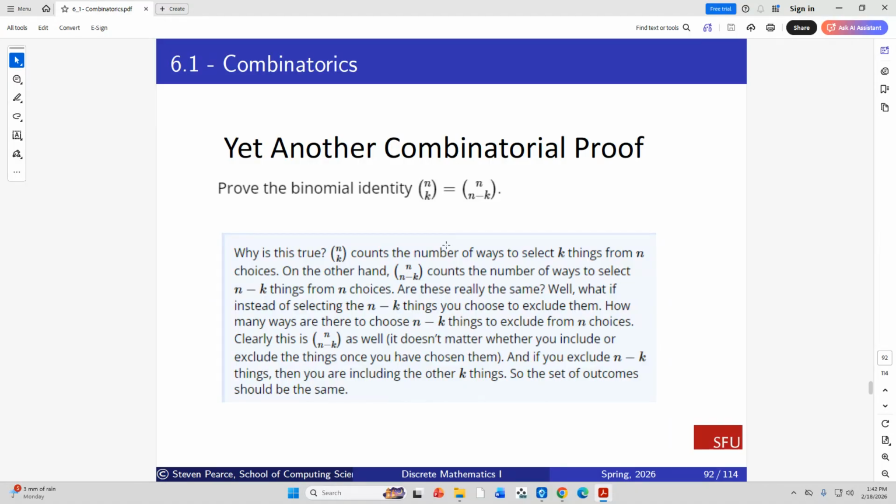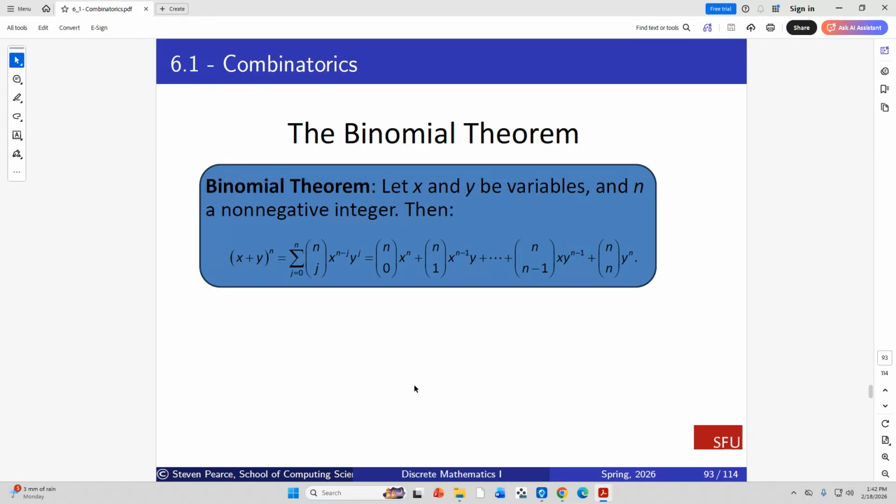So the binomial theorem itself is this progression of binomial coefficients with descending powers of x and ascending powers of y, easily described by the summation right here.